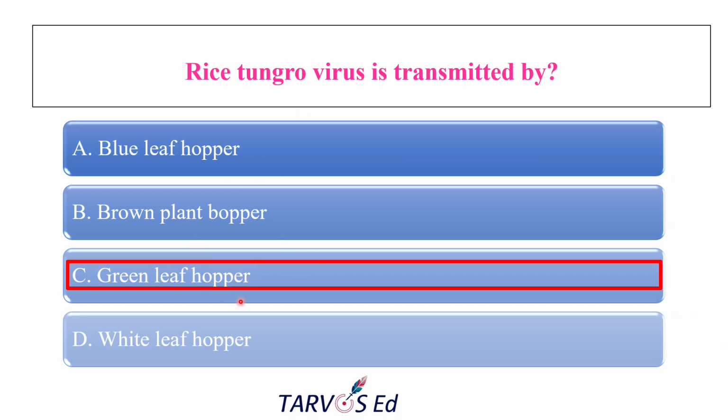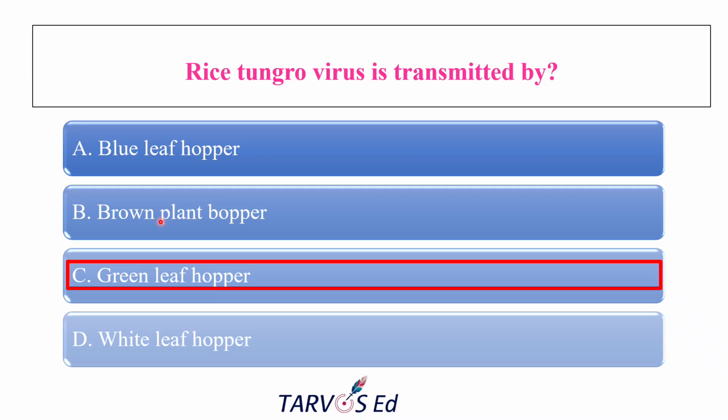And why others are wrong? Blue leaf hopper, it is not a vector of viral diseases. It is a pest. Okay, it may be associated with some rice yellow dwarf phytoplasma diseases and all. Then brown plant hopper Nilaparvata lugens, which is the vector for rice grassy stunt, rice ragged stunt.